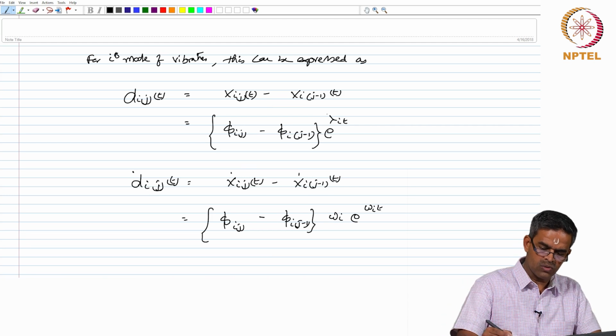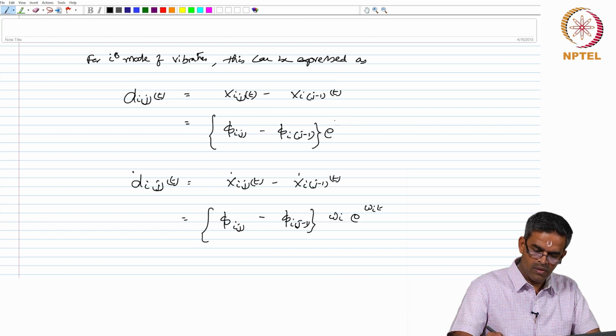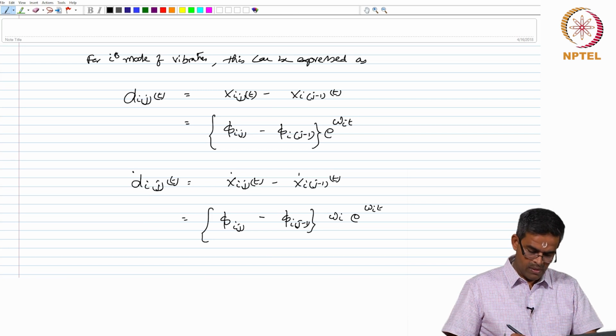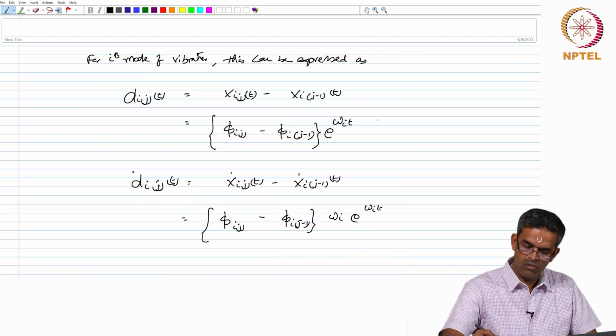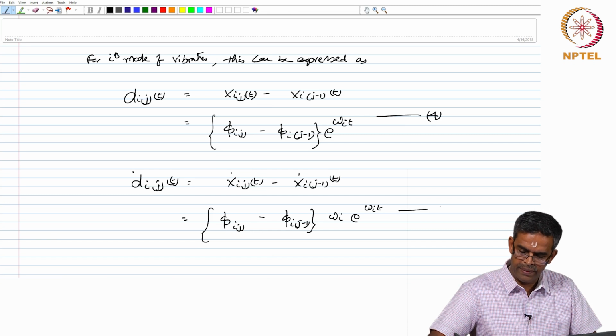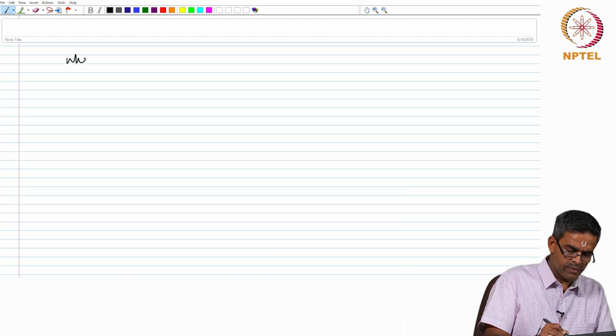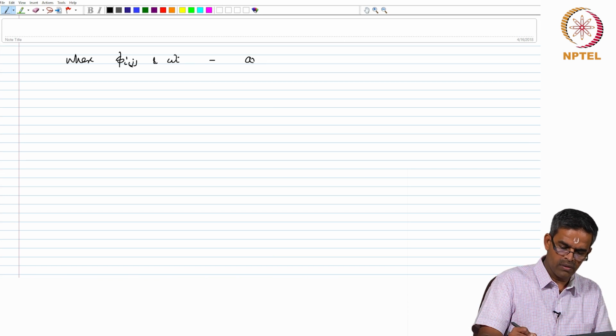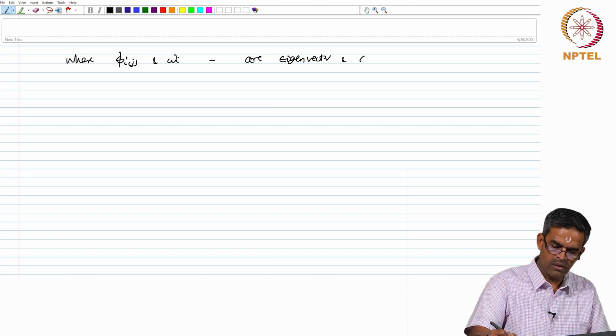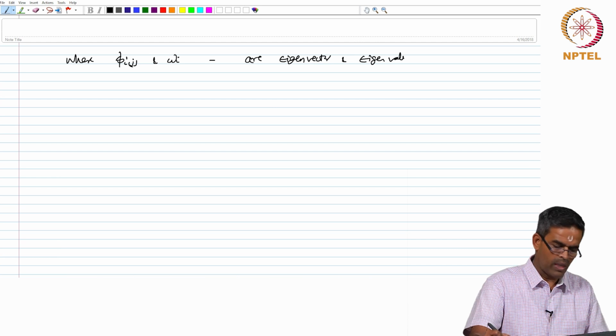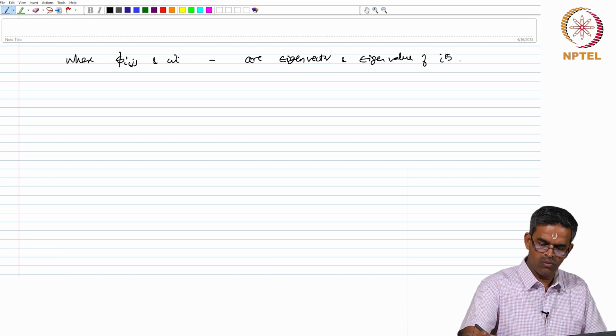In fact, this should be also omega_i t. Let us call this equation as 4 and 5, where phi_ij and omega_i are eigenvector and eigenvalue of ith mode.